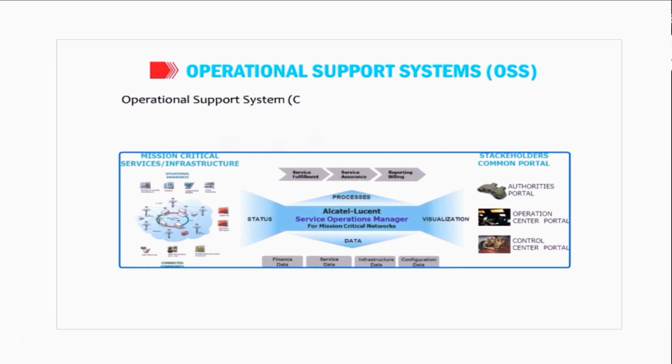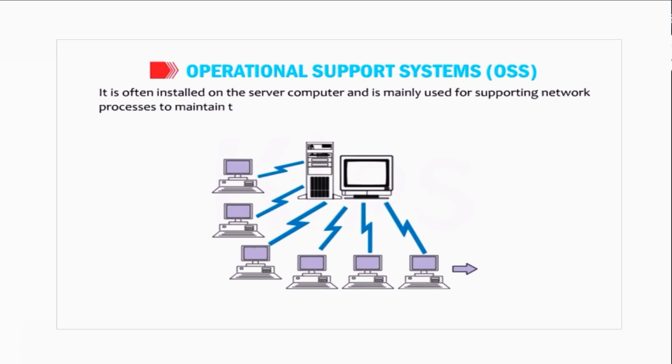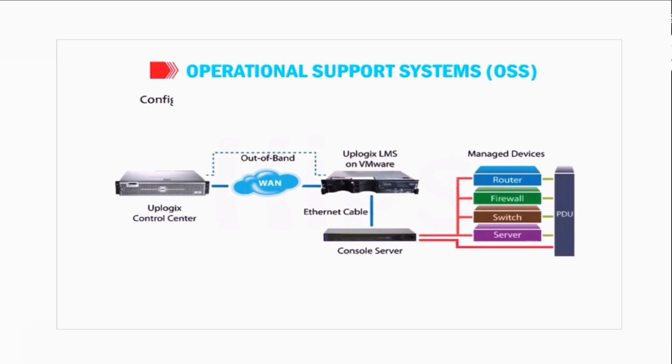Operational Support System, OSS, is also called Operation Support System. It is often installed on the server computer and is mainly used for supporting network processes to maintain the network inventory, configure network components, provision services, and manage faults.